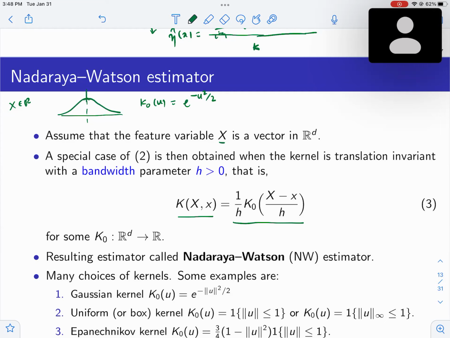So can anyone tell me what this would look like for a general little x? So this K of capital X and x would be like 1 over h e to the negative (capital X minus x) squared divided by 2h squared. So when you plug that in for u, that's what it looks like.